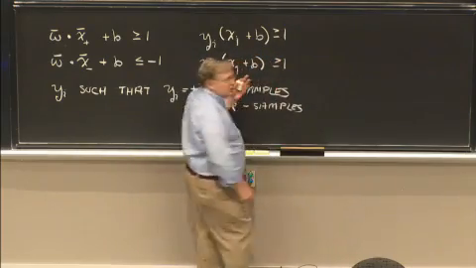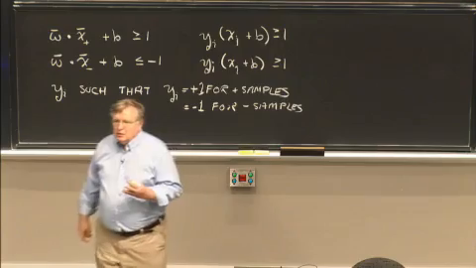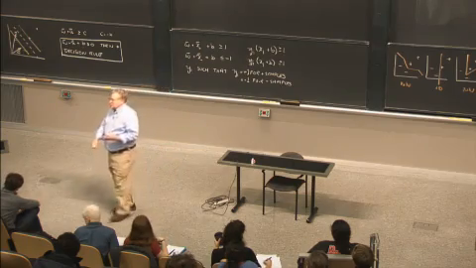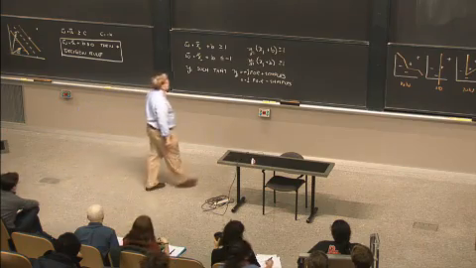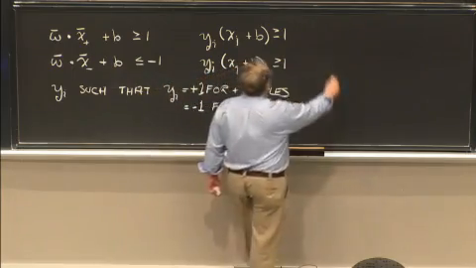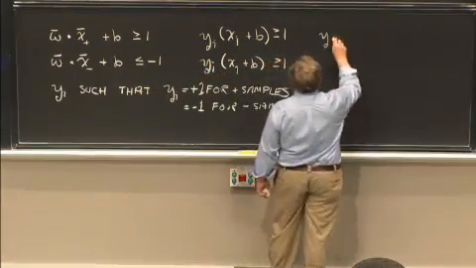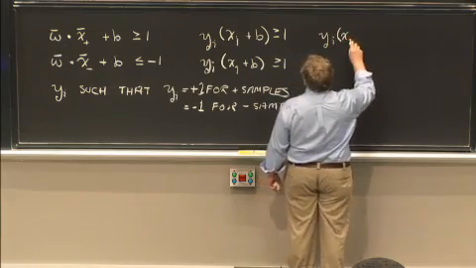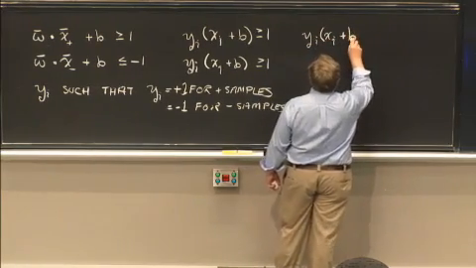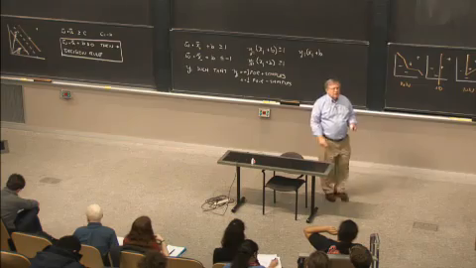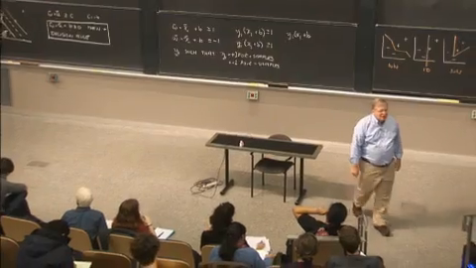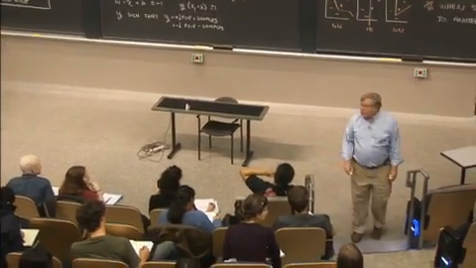Oh, oops, the two equations are the same. Because of that, we introduced this little mathematical convenience. So now we can say that y sub i times x sub i plus b, well, what we're going to do, Brett? Oh, did I leave out a w?